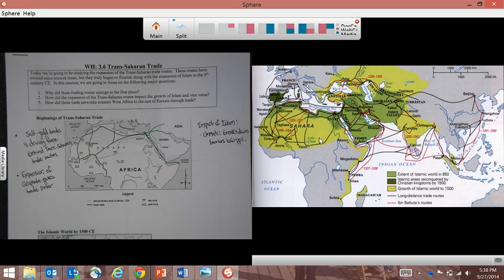Second, think about, in order to be a good Muslim, you're supposed to read the holy book, the Quran. The Quran was only written in which language? Arabic. So basically, as Islam expands, more people are speaking Arabic, which, if everyone's speaking the same language, it's easier to do trade.